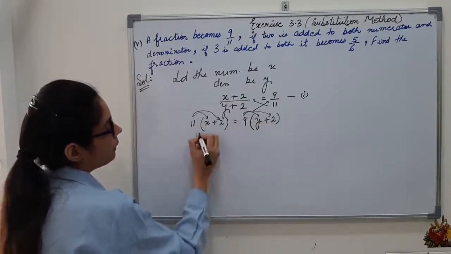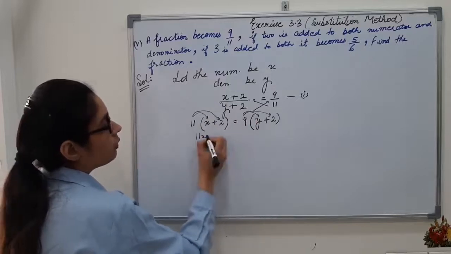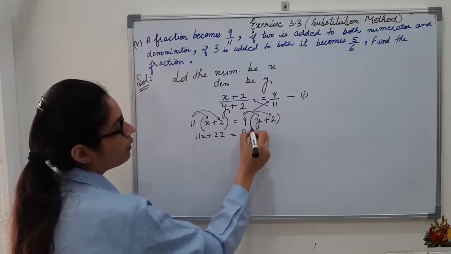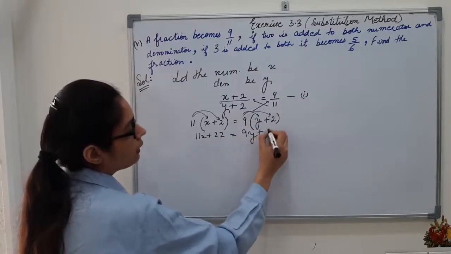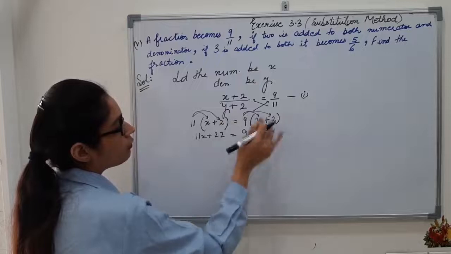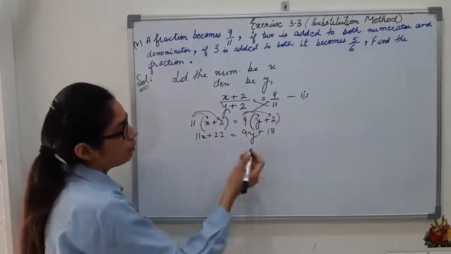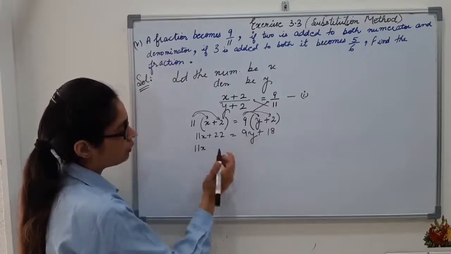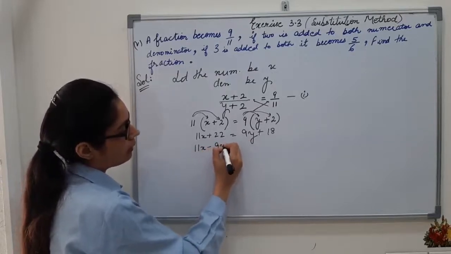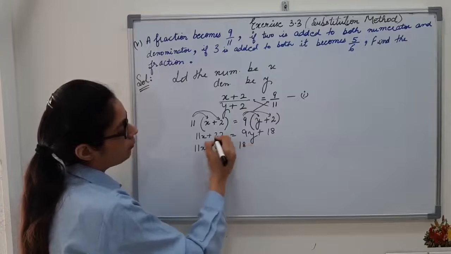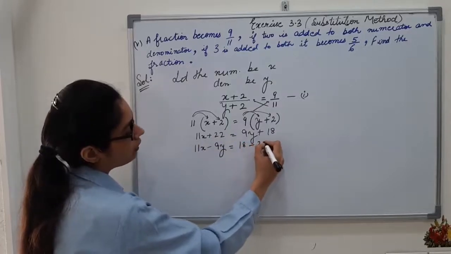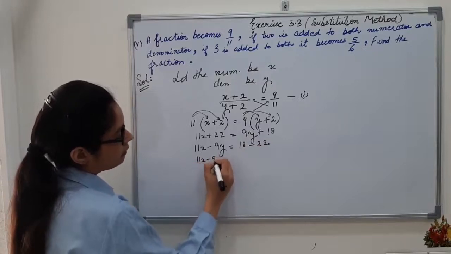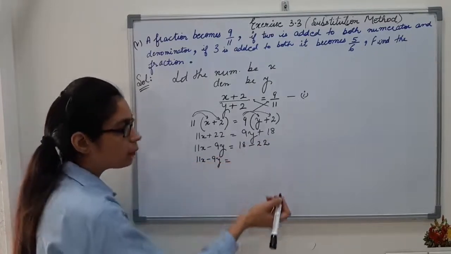11 into x will be 11x. 11 into 2 will be 22. 9 into y is 9y. 9 into 2 is 18. Sign will remain the same, so everywhere we have only the plus sign. Now 9y I'll shift to this side: 11x minus 9y. 18. 22 I'll shift to the other side, it will become minus 22. 11x minus 9y is equal to 18 minus 22.